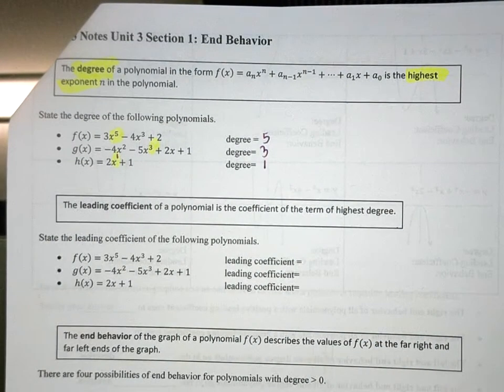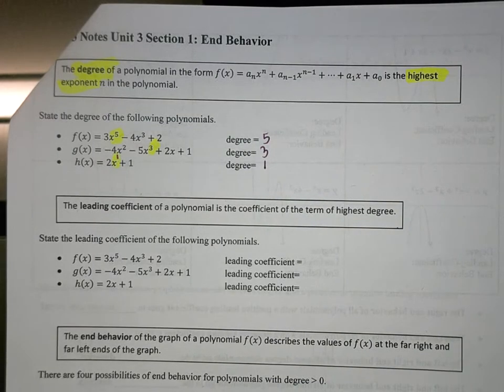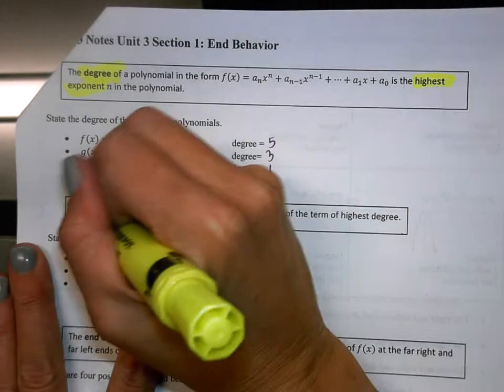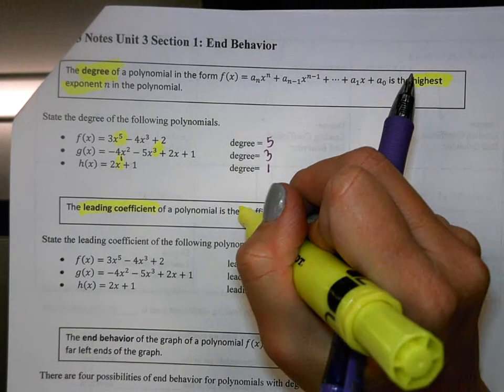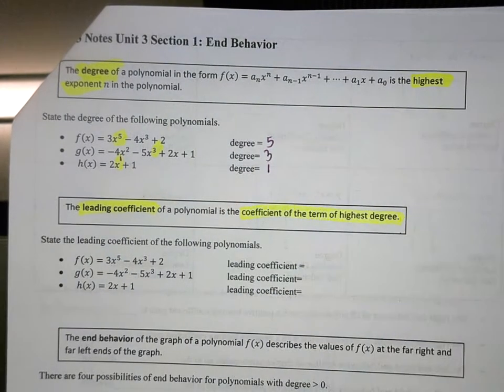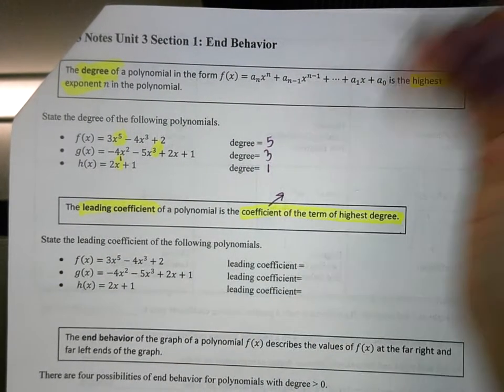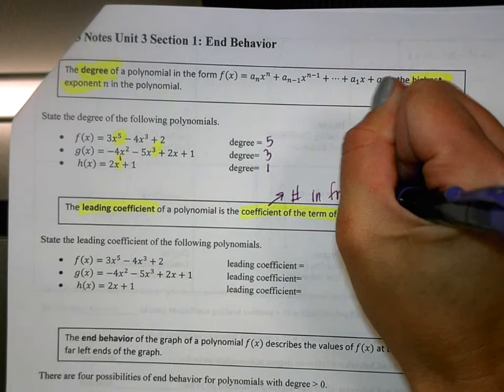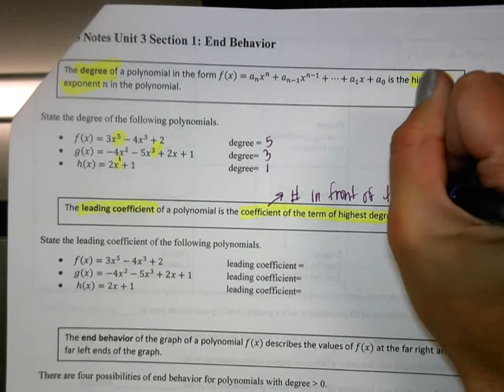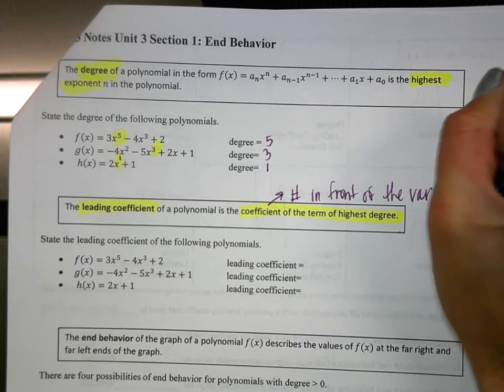The next thing we're going to talk about is the leading coefficient. First of all, what is a coefficient? Very good. The coefficient is the number in front of the variable.